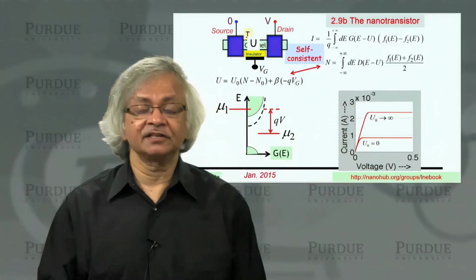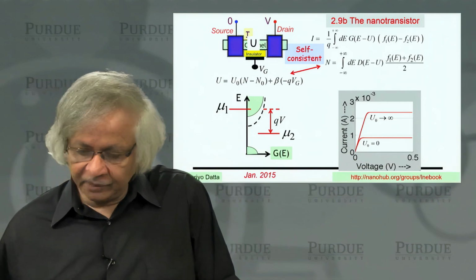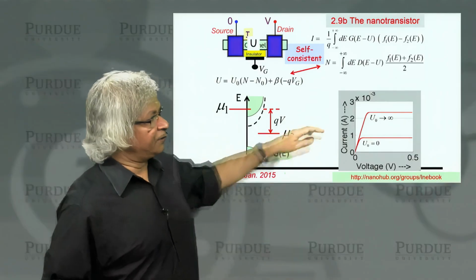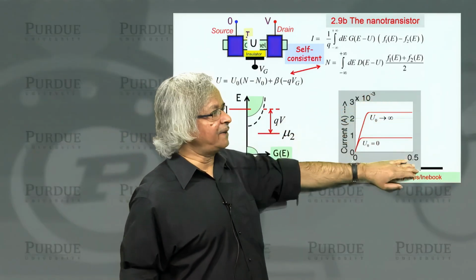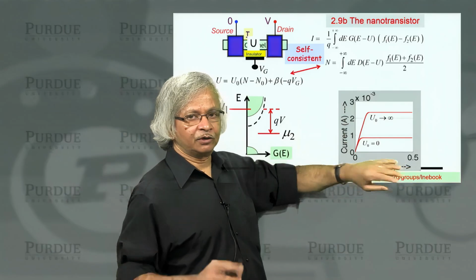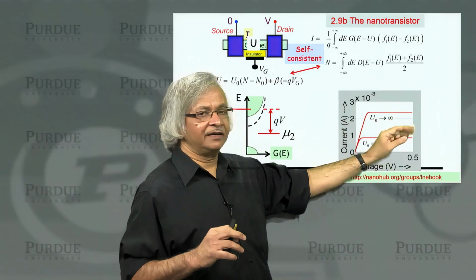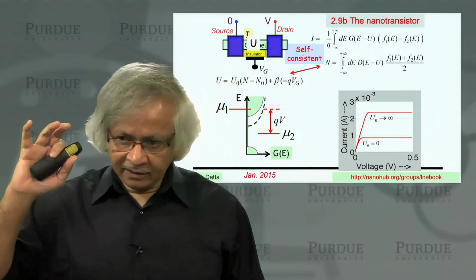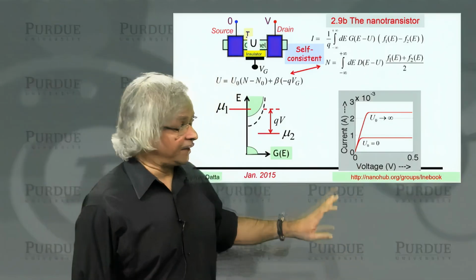If you had a transistor with such perfect saturation, that would be great, because when you're trying to design circuits, it helps if your transistor current in the on state is independent of this voltage. So what you really want for a good transistor is that the current is controlled entirely by your gate and not at all affected by the actual voltage between the source and the drain. That's what you'd really like.